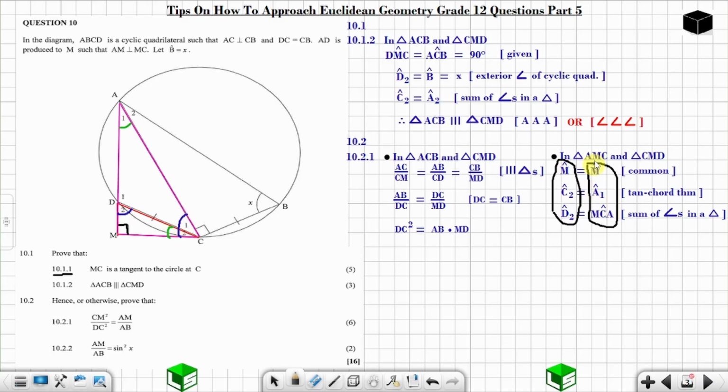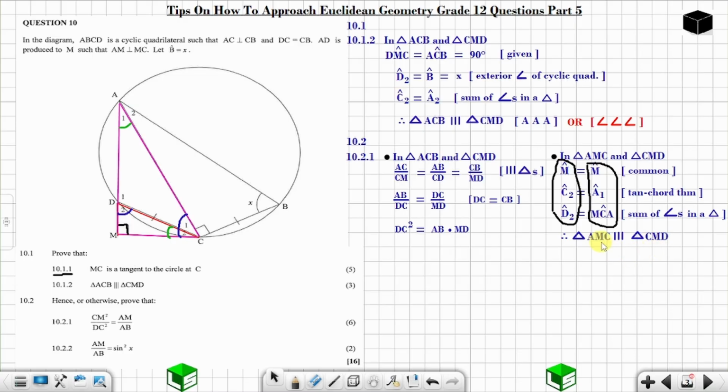These two triangles are similar because you have three angles in one triangle equal to three angles in another triangle. Therefore triangle AMC is similar to triangle CMD.